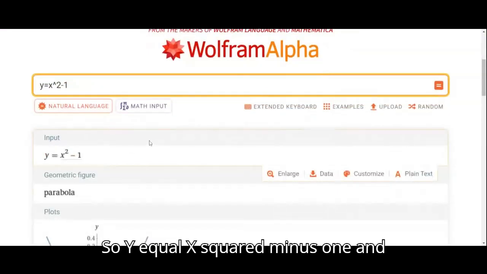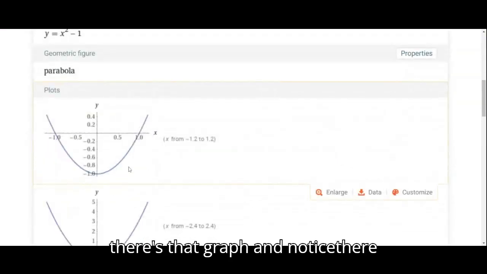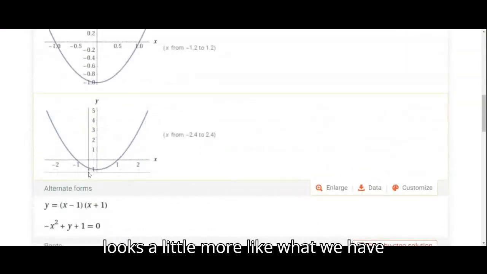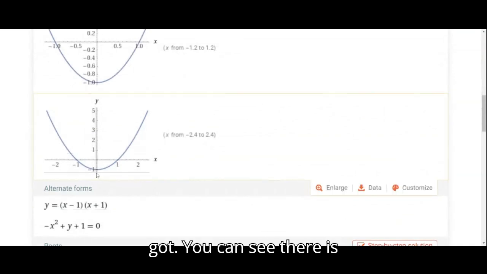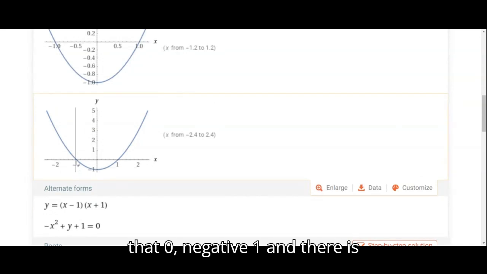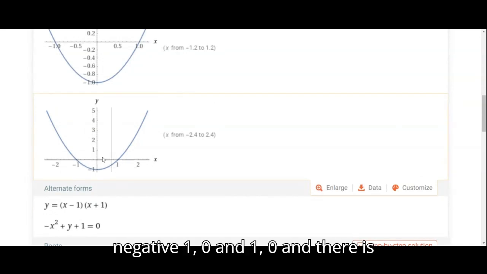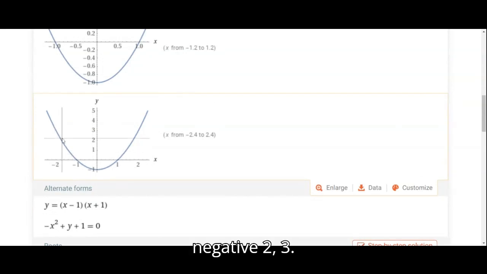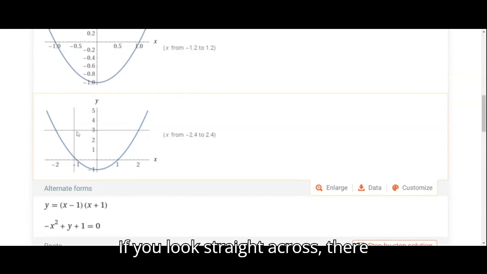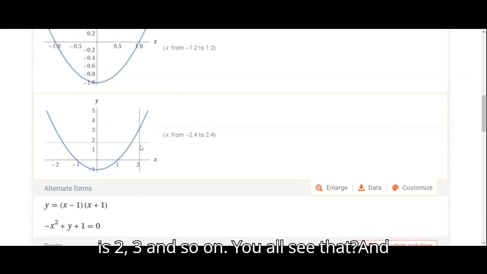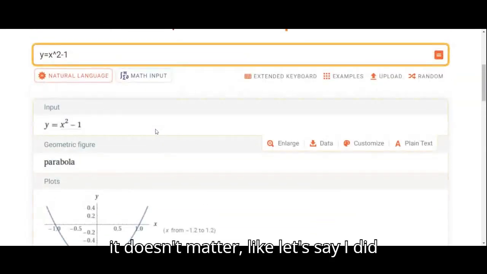So y equal x squared minus 1, and there's that graph. And notice it looks a little more like what we've got. You can see there's that 0, -1, and there's -1, 0, and 1, 0, and there's -2, 3. And if you look straight across, there's 2, 3, and so on. Y'all see that?